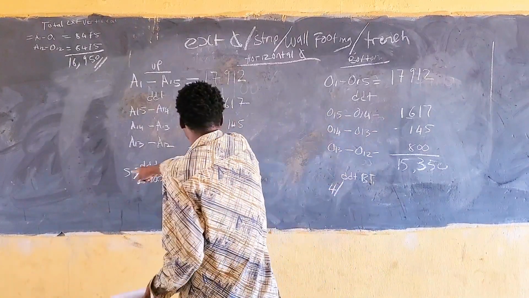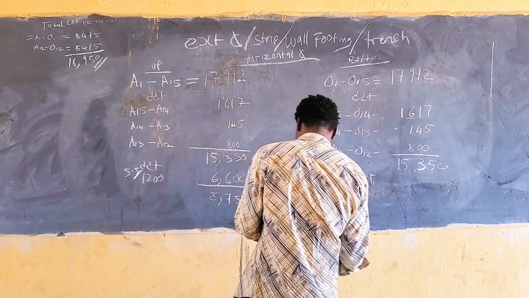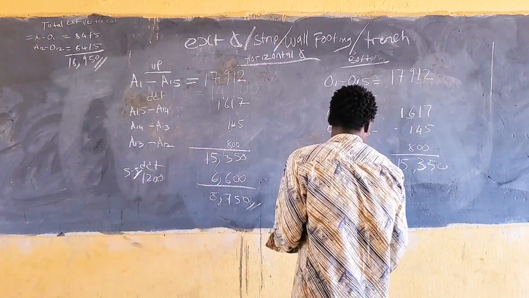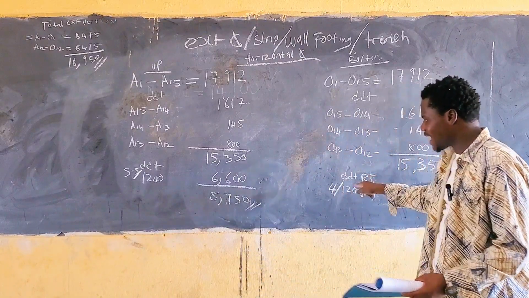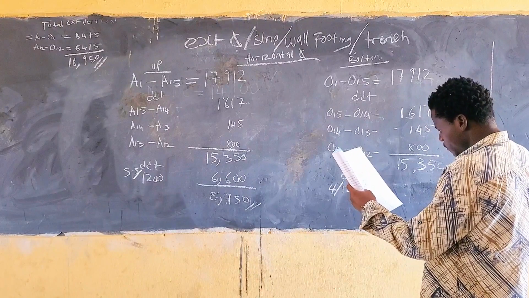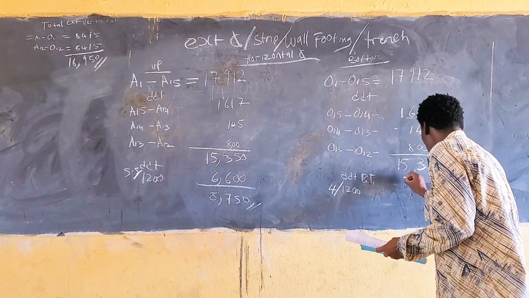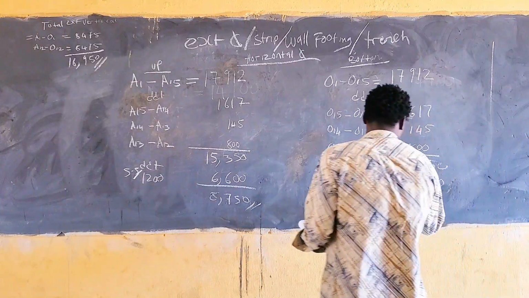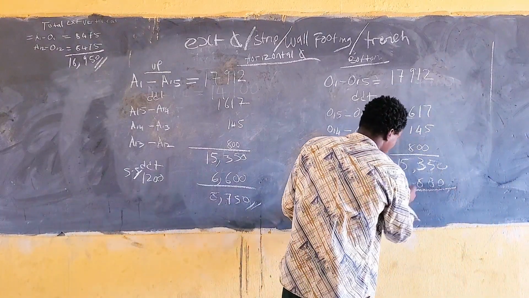So that's where the difference occurs. Here I got 5.5 numbers. Here I got 4 numbers. 4 times 1,200. Why 1,200? Because that's the dimension of base type 1. That will give us 4,800. So you subtract 4,800 from 15,350.